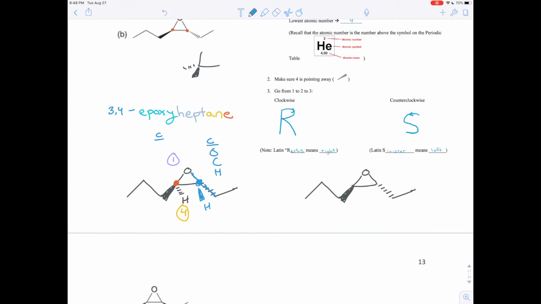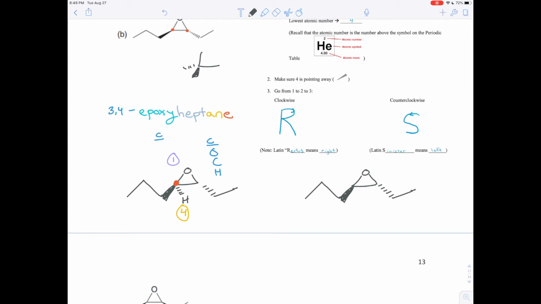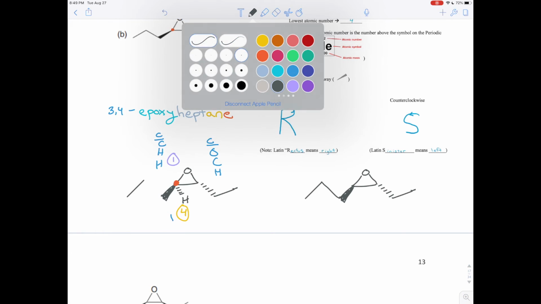So hydrogen. How about the other carbon? This carbon here is bonded to a carbon and to 2 implied hydrogens. And notice in these little tables, I'm putting the atoms in order of descending atomic number.